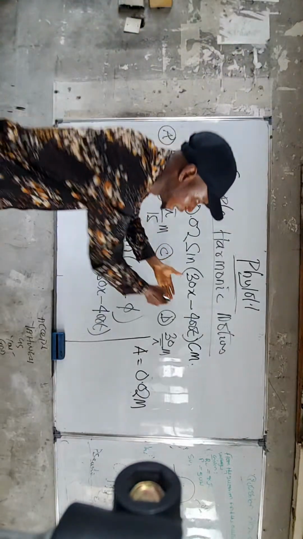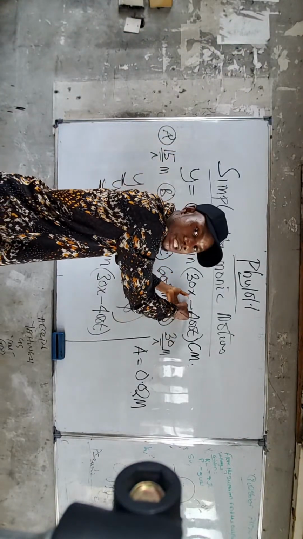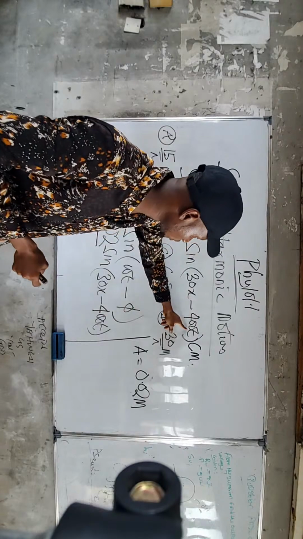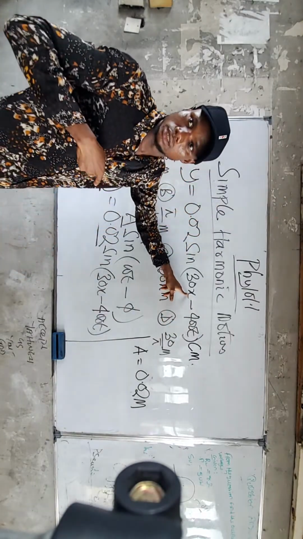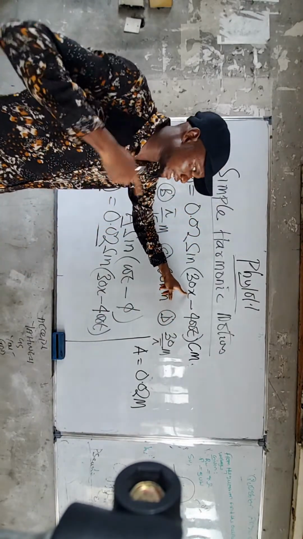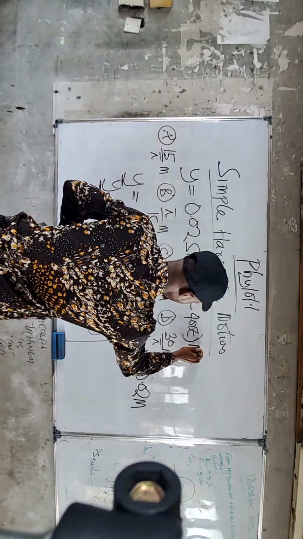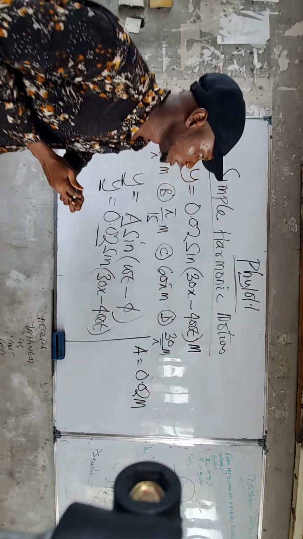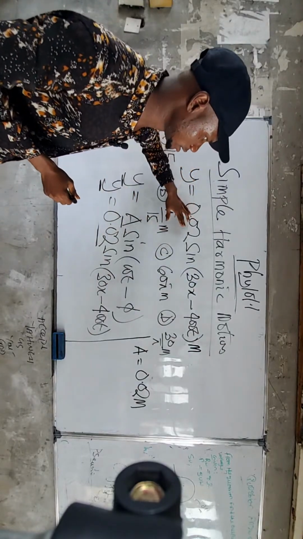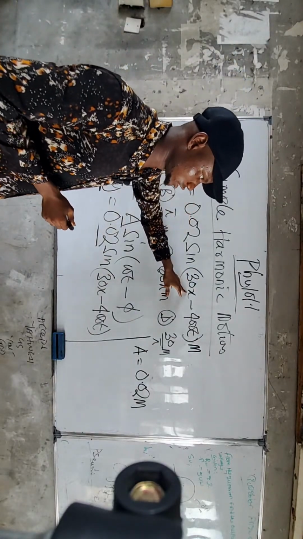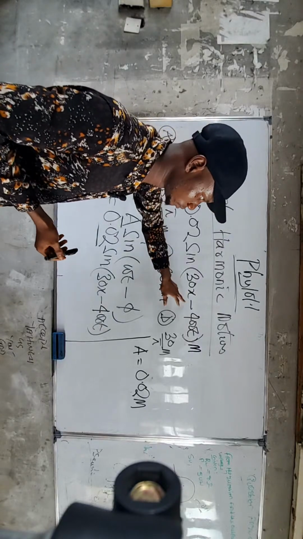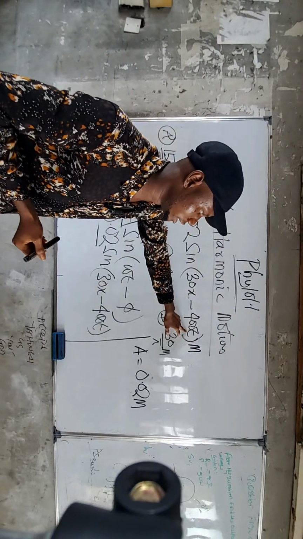So anything inside that is not outside should be in SI units. t should be in seconds, x should be in meters, except it's stated that x is in cm. But in this question the unit is given in meters, so everything here, this is meter, this should be in meter. If this is x, this should be in meter, while this particular t here is in seconds.